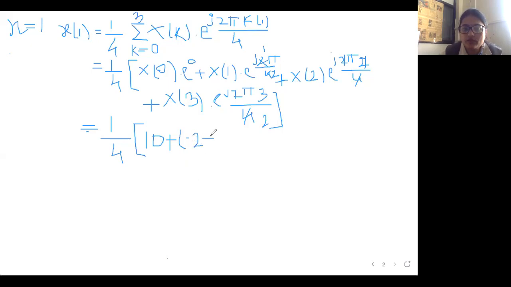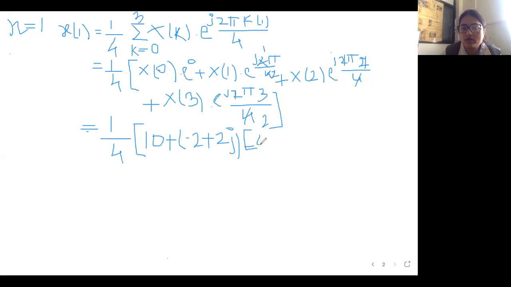Minus 2 plus 2j. Then next is multiplied by e raised to j pi by 2. What is e raised to j pi by 2?